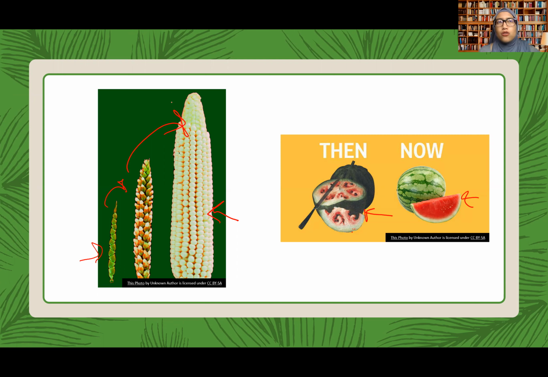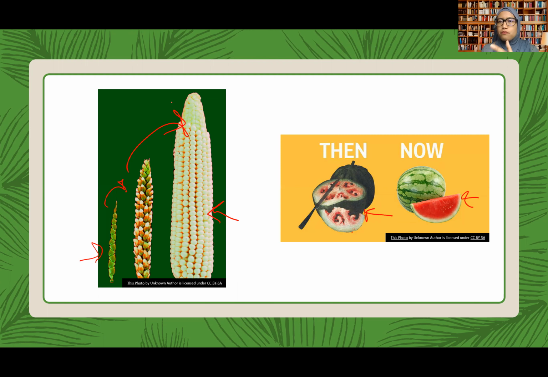So if you imagine yourself as a farmer, you probably have a few watermelon plants, and you have this watermelon with lots of flesh and less seed, and then this one has lots of seeds and less flesh.